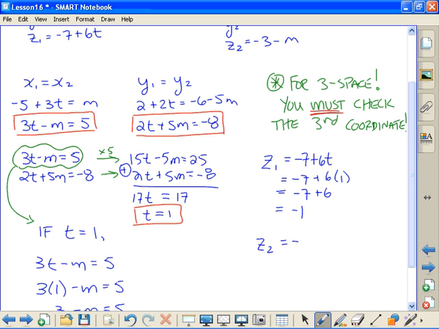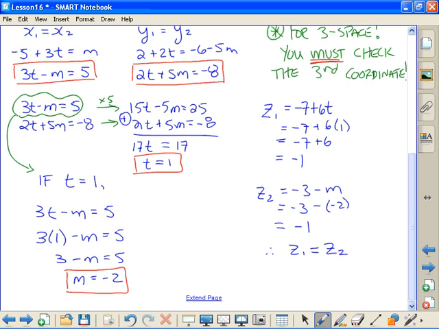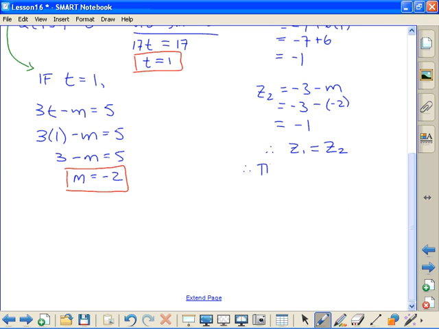Z2 is equal to -3 take away m. So -3 take away -2, that's like adding. It's -1. Therefore, Z1 equals Z2. So what that tells you is that the lines cross, or intersect. All right.